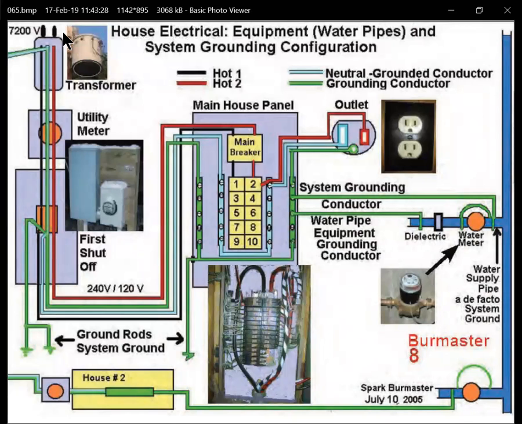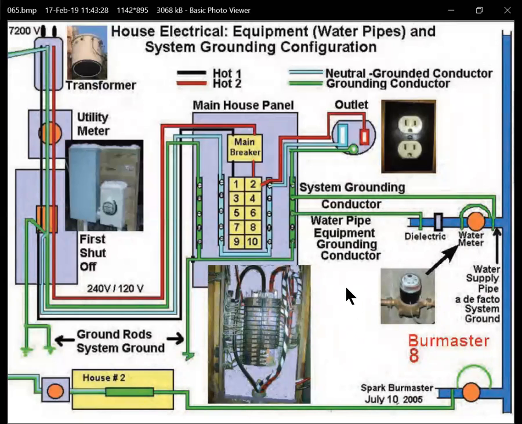This is our diagram here. All these metal boxes are part of the grounding system, and also inside the individual cables, all the ground wires are part of the grounding system.